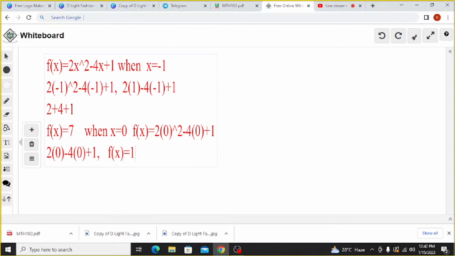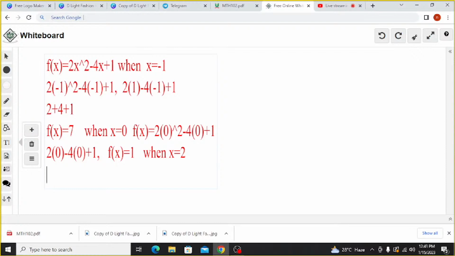So when x equal to 2, what's our function?